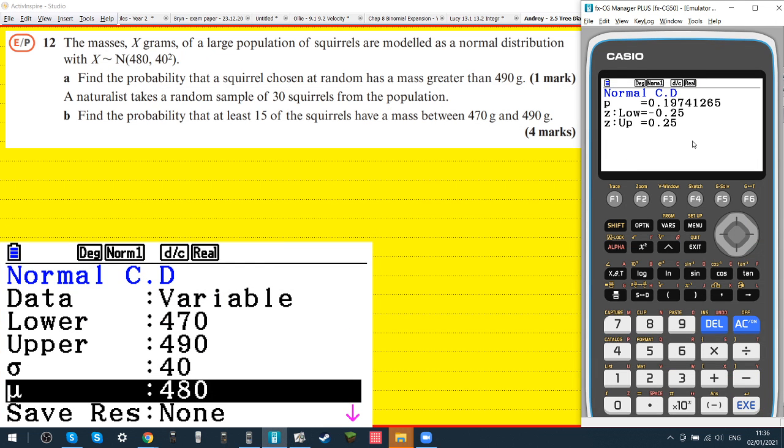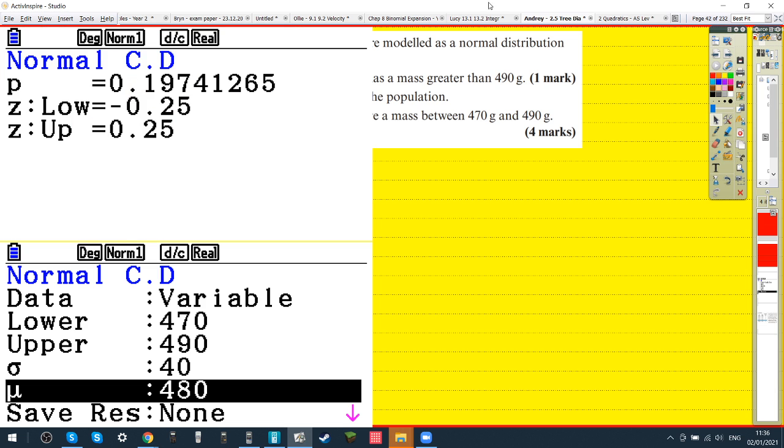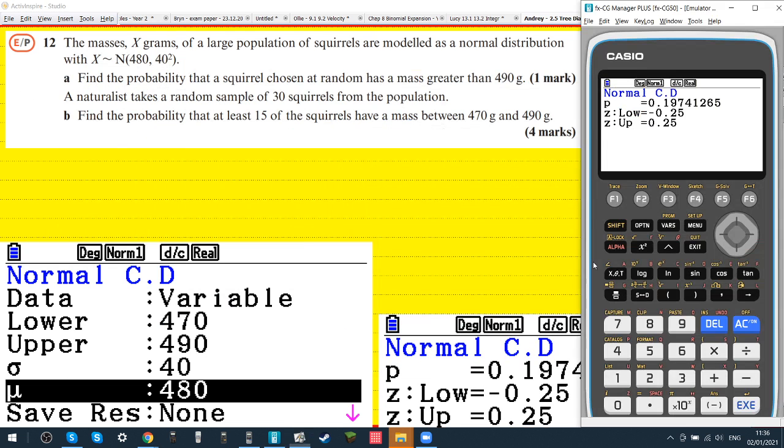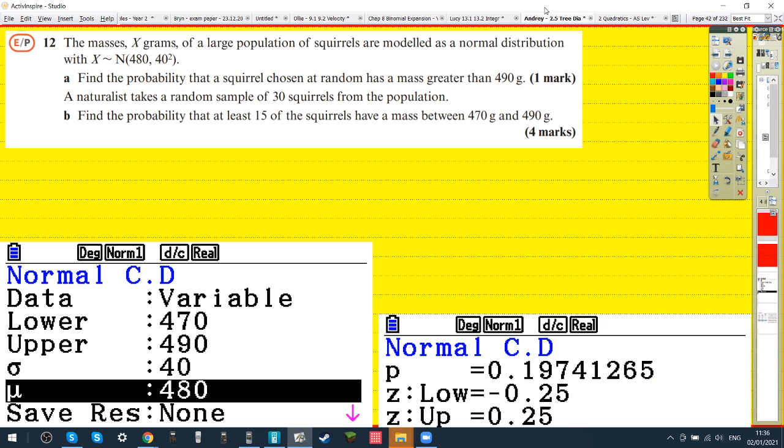What's next? And so now, if I go to binomial distribution, I do lower 15, upper 30, number of trials 30. Probability 0.1974.